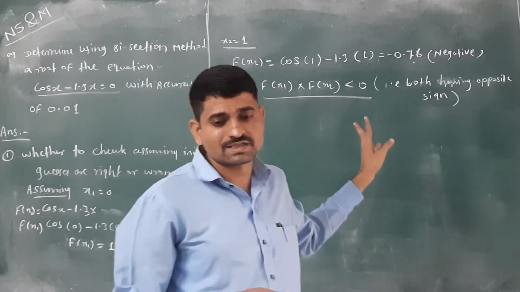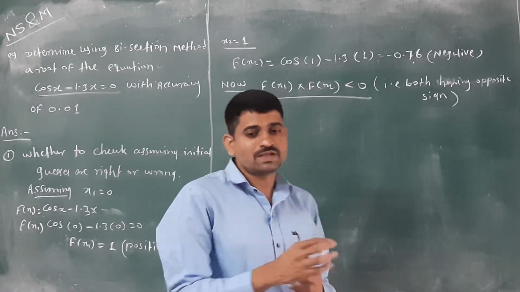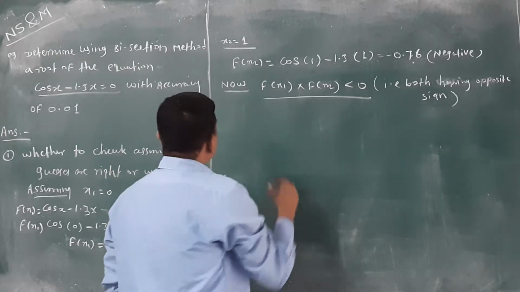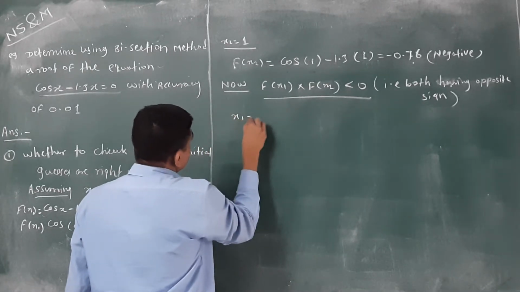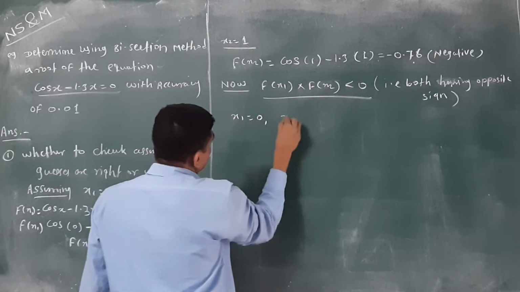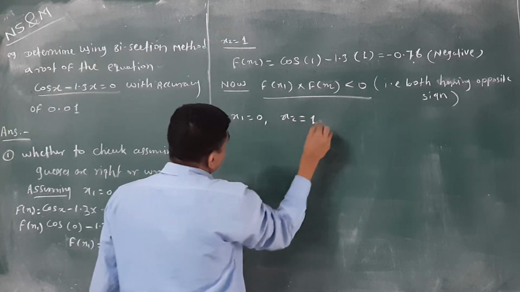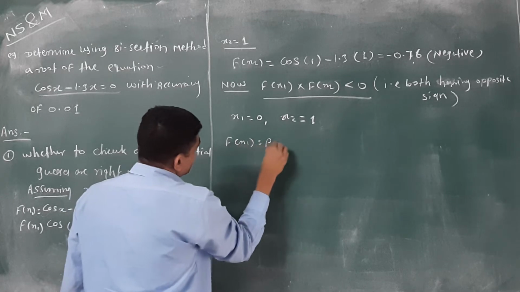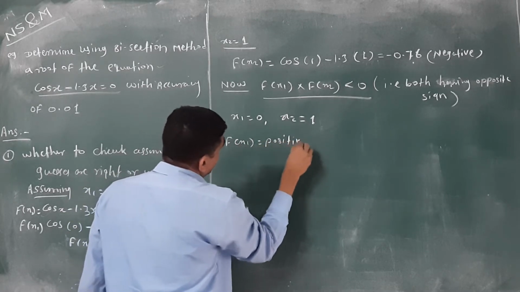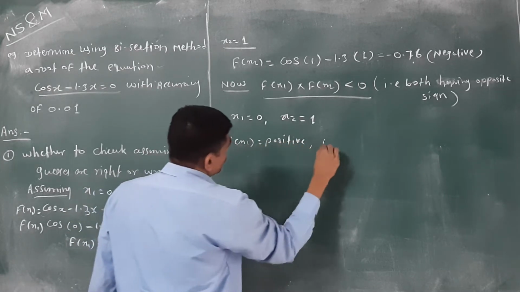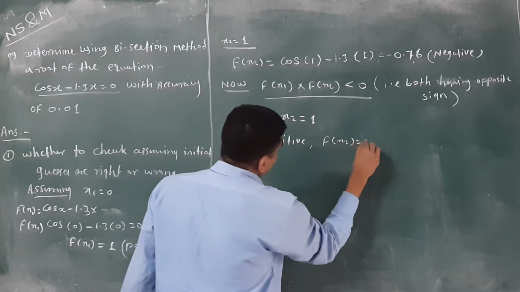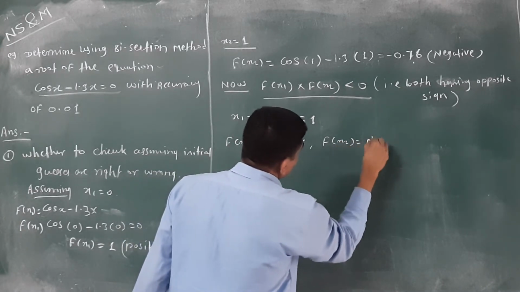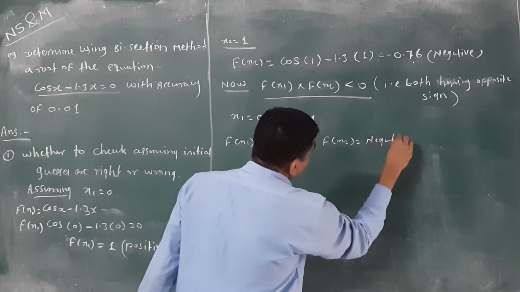This condition is satisfied. Then we can write x1 is equal to 0 and x2 is equal to 1, f of x1 is positive and f of x2 is negative. This is your first step.